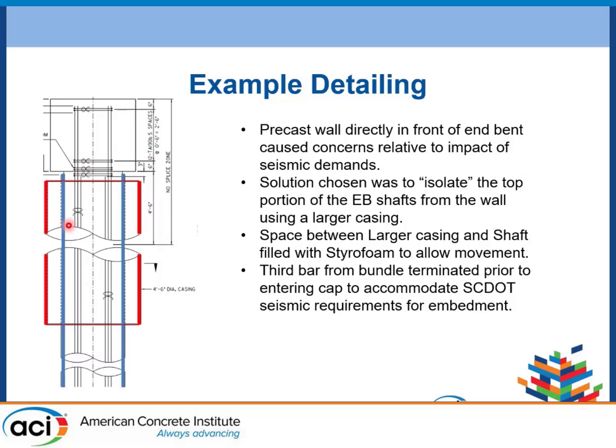So what we did is we put two levels of casing around the end-bent shaft, which is what we had to use on this particular bridge, to isolate the interior shaft, which is actually where all the detailing of the concrete is, from that wall outside. So we actually put like a packing peanut in here to make sure that there would be no load imposed on that wall from the seismic motion of this abutment.